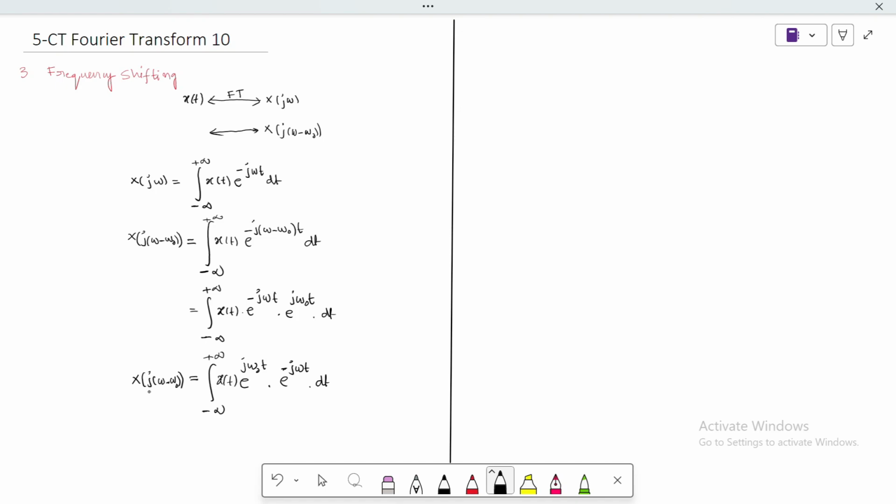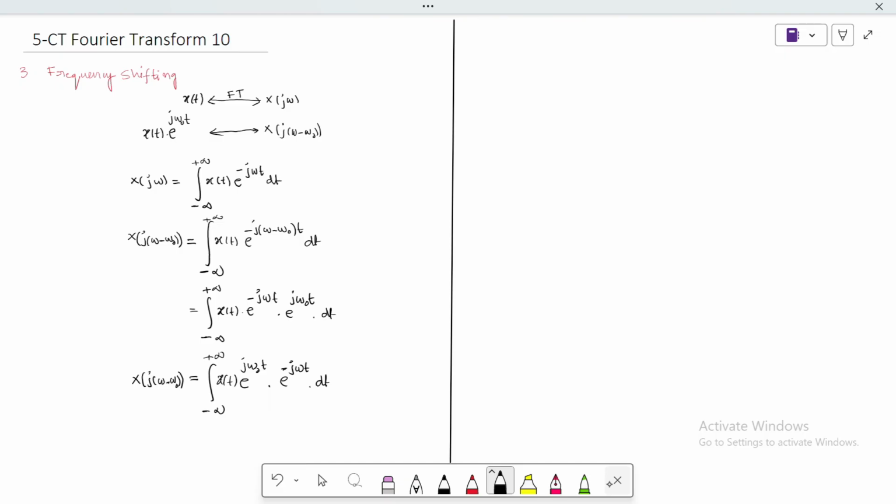So for the shift in the frequency, x of t must be multiplied by e power j omega naught t. So you can write x of t into e power j omega naught t. So in frequency domain, for the delay, the signal must be multiplied by the positive exponential. In time domain, for delay, x of j omega must be multiplied by the minus exponential. So that is the difference.